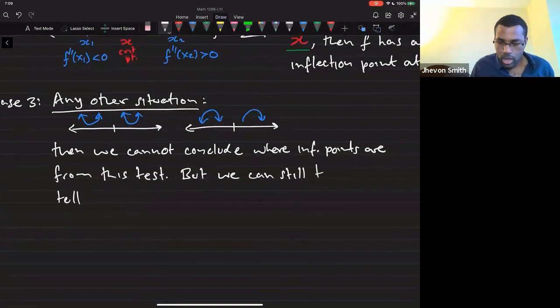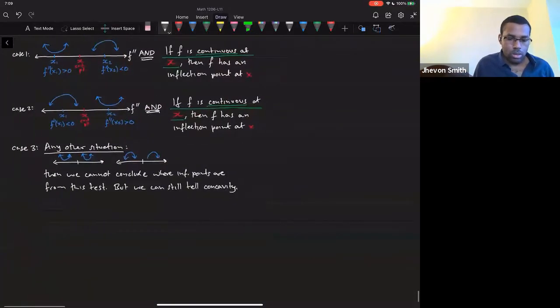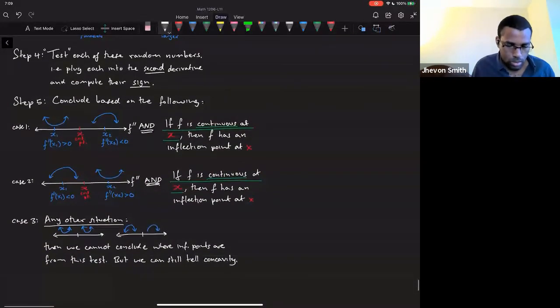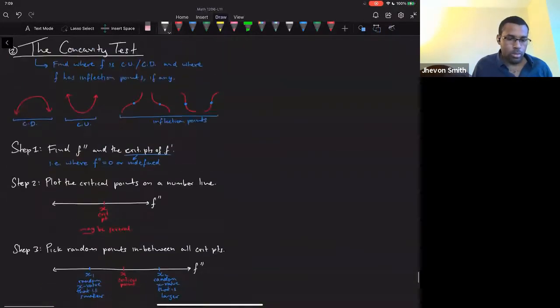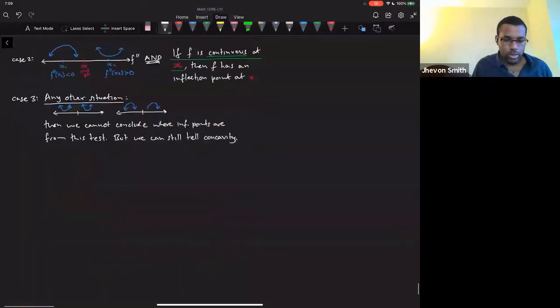But we can still tell concavity. Yeah, so that's the first derivative test and the concavity test.